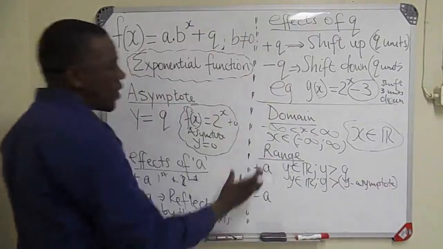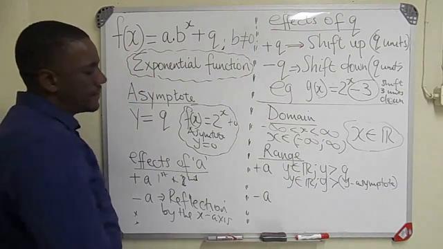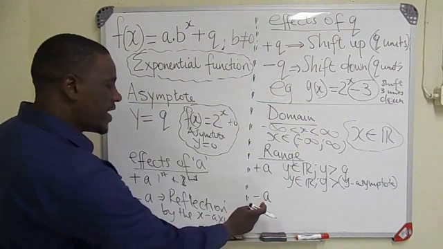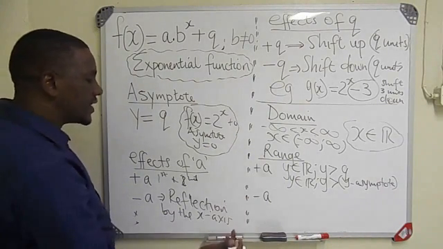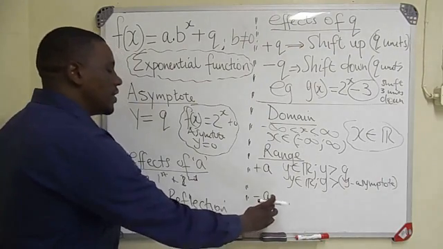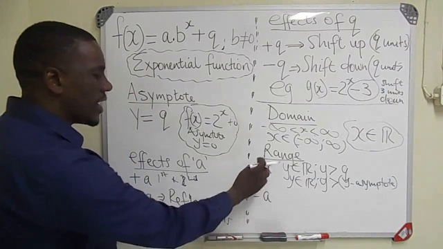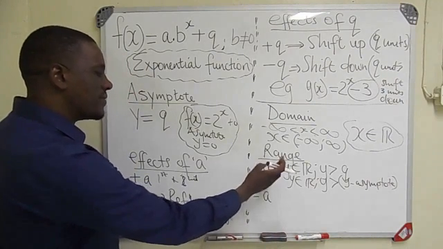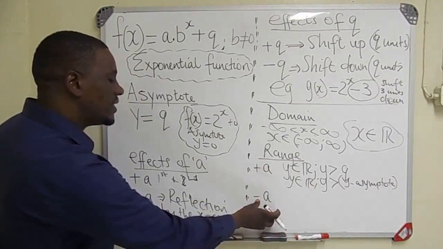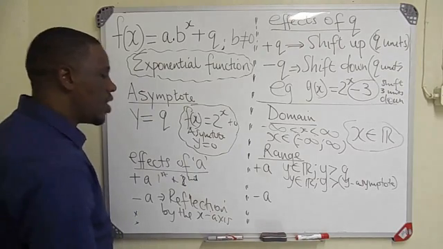We are saying our graph will be above the asymptote. For a negative a reflection, our graph goes the opposite, that is below the asymptote. A is positive, our graph is above the asymptote. A is negative, our graph is below.